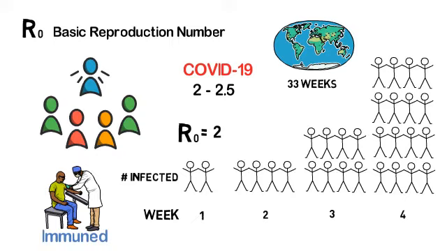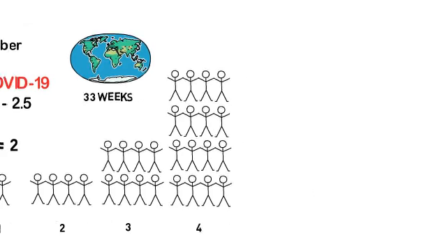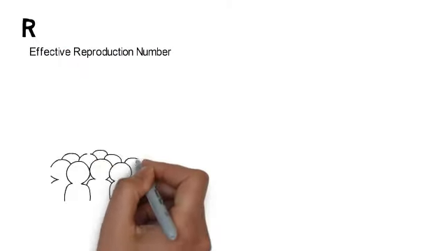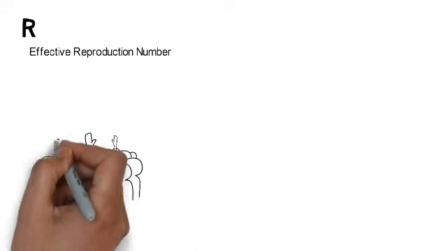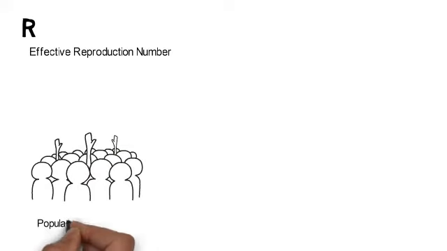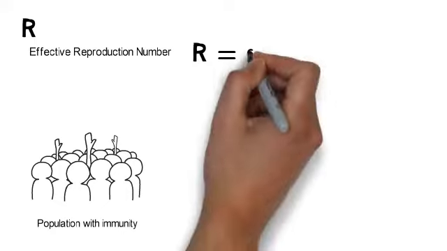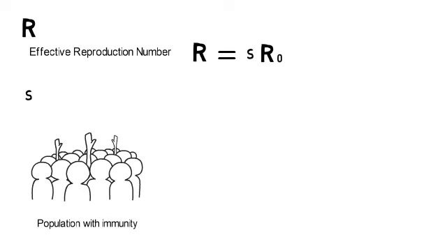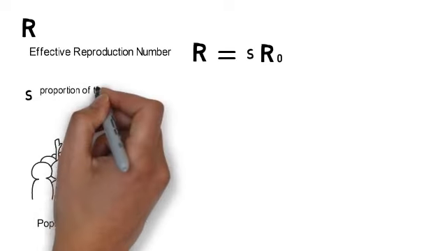So instead of R0, we should really be looking at R, the effective reproduction number of the disease: the average number of people an infected person goes on to infect in a population where some people are immune. R equals S times R0, where S is the proportion of the population that is susceptible to catching the disease.